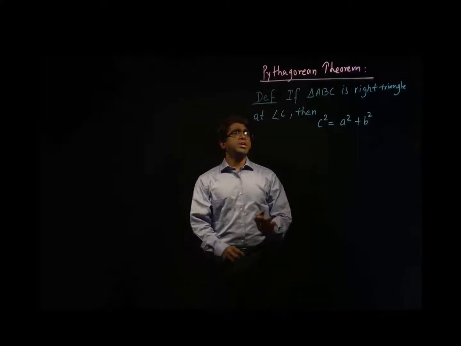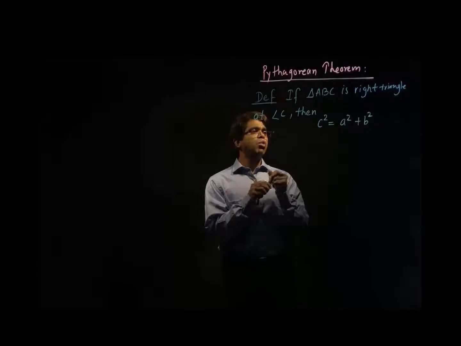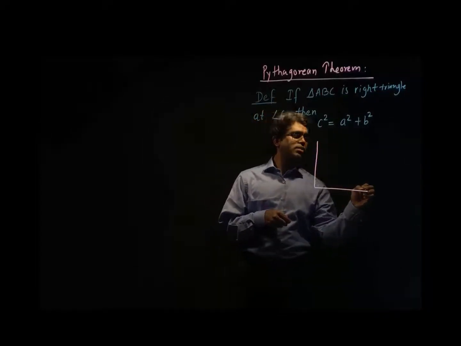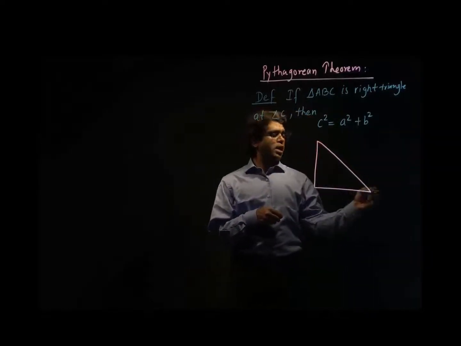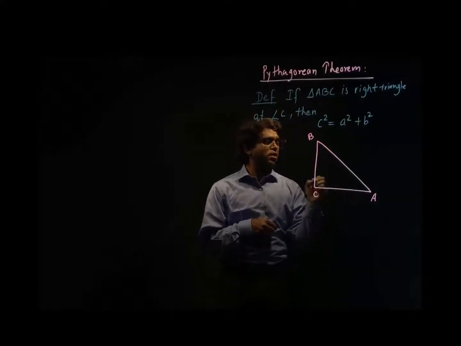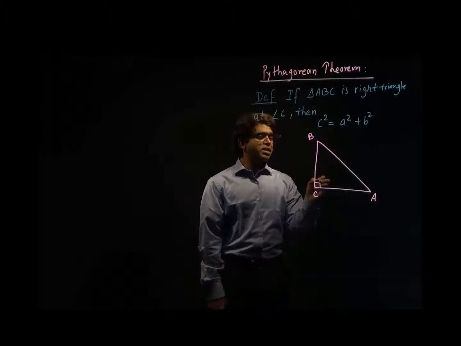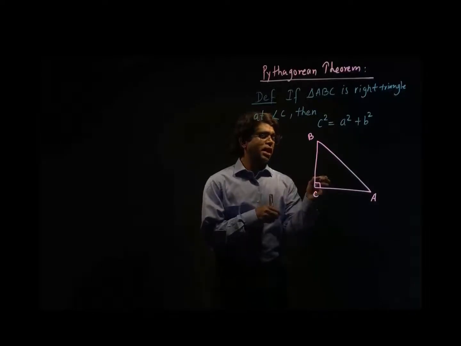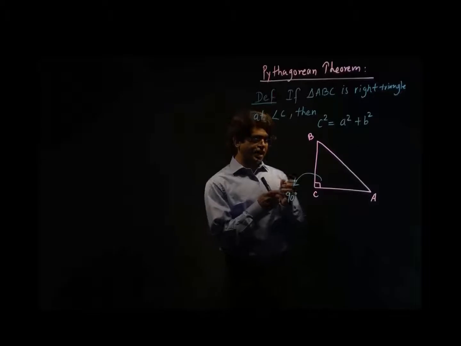So let's try to understand what this means. I'm going to draw a right triangle. As you can see, this is my right triangle ABC, where C is my right angle, which simply means that C is 90 degrees.